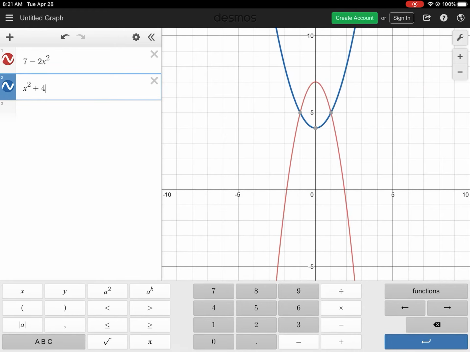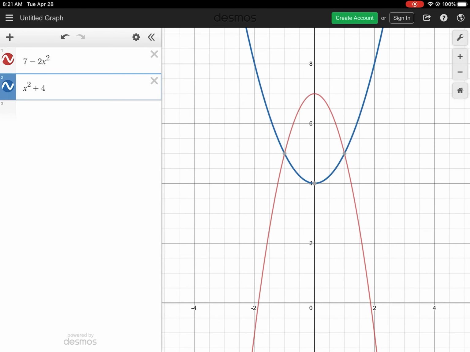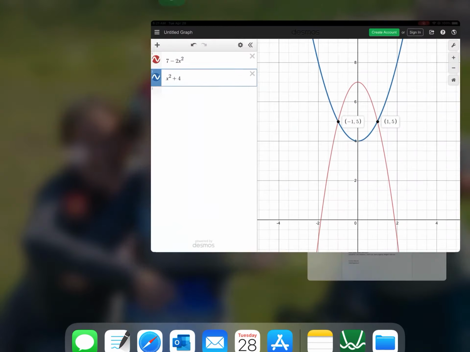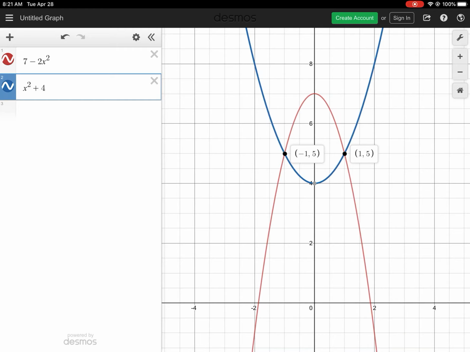So the first thing that we have to do is graph both of these. Okay, so we're looking for that region that's enclosed. We could see it. We need to see those points of intersection, negative 1, 5, positive 1, 5. So all that we're really focusing on here is top minus bottom, red minus blue.